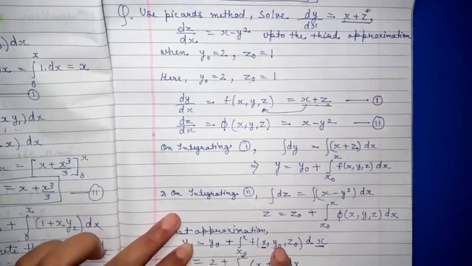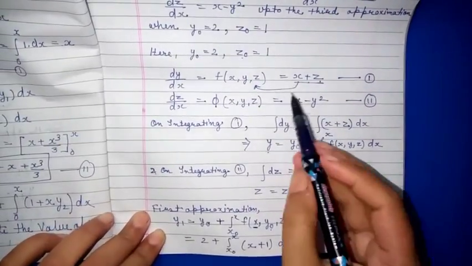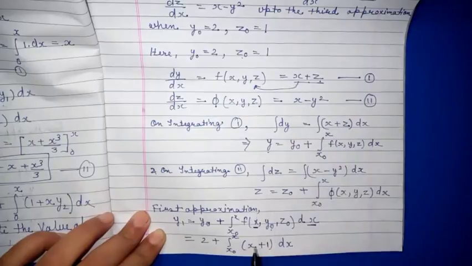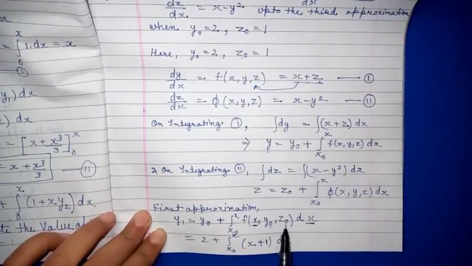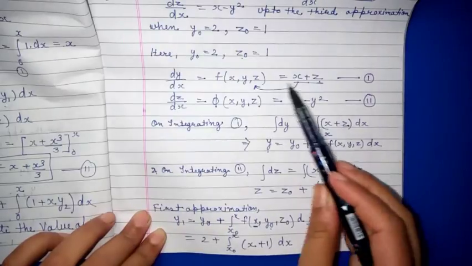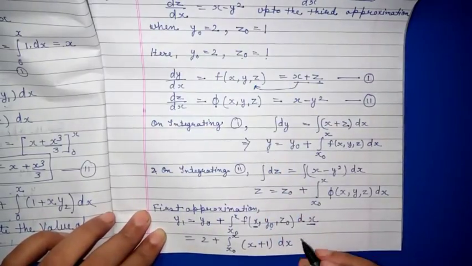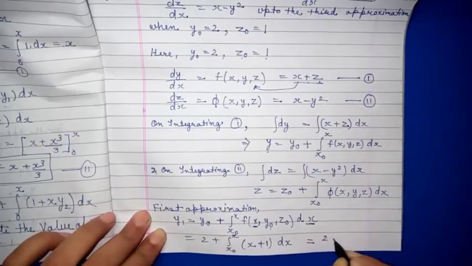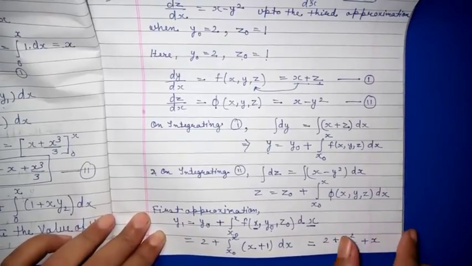In place of z I have written z naught, whose value is 1. If you integrate this, you will get 2 plus x square by 2 plus x. Okay, this is the final answer.